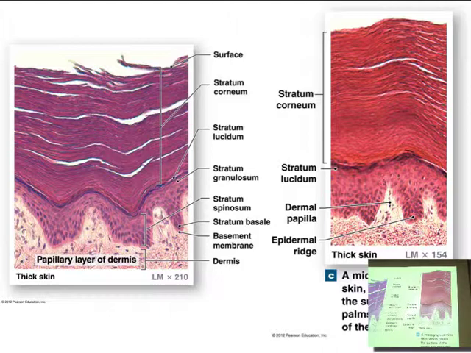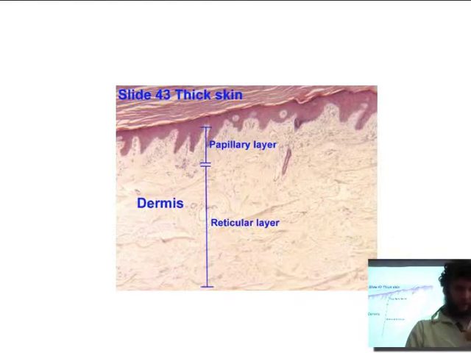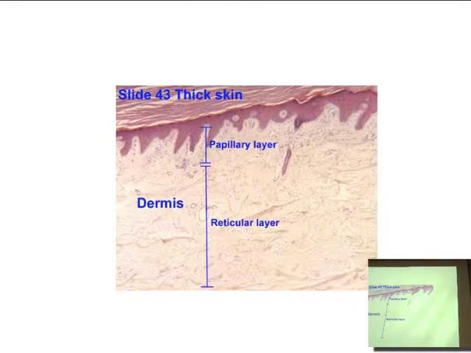We're again going to talk about those in more detail tomorrow. All right, so that's just showing that. So the papillary layer is just that part of the dermis that has these bumps on it, as is this part of the epidermis. Those are papillary layer of the epidermis, papillary layer of the dermis.